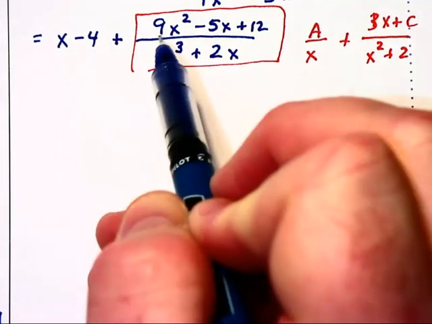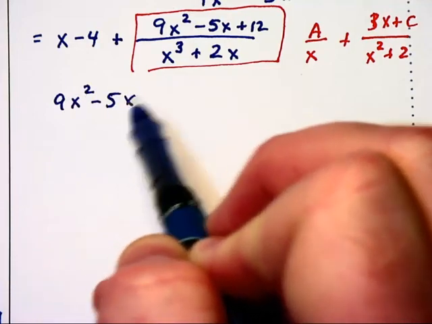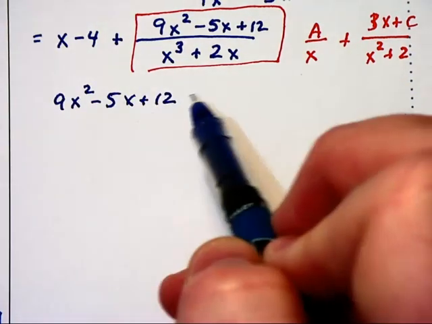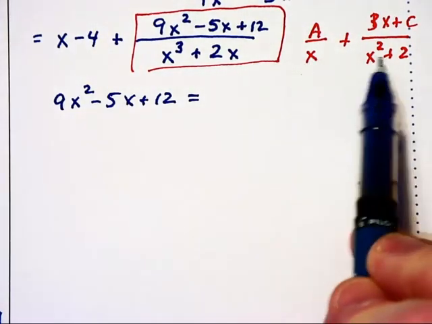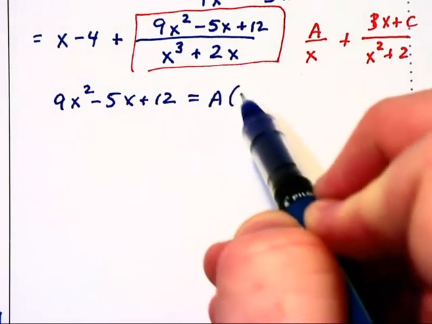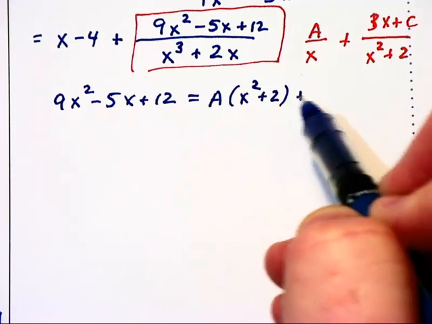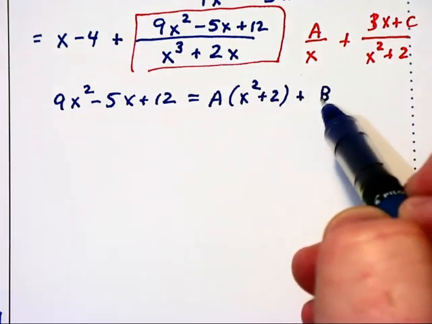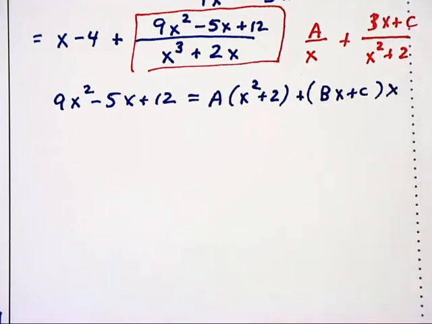The numerator on the left is 9x squared minus 5x plus 12. And when the right side over here in red gets put over a common denominator, A will get multiplied by x squared plus 2, and the Bx plus C will get multiplied by x.